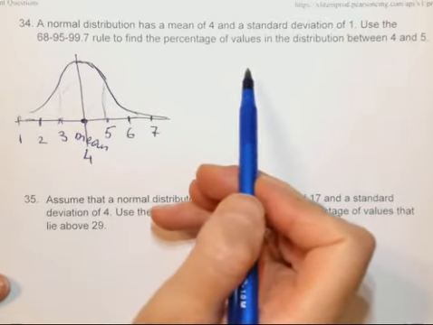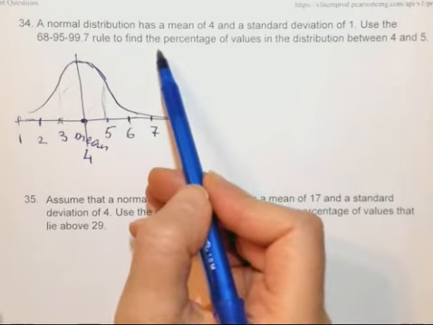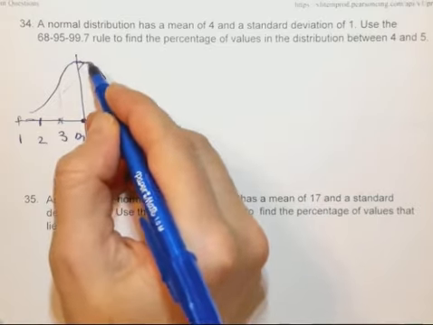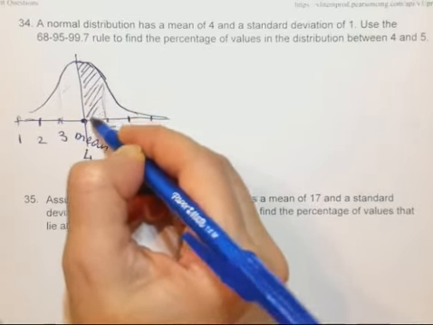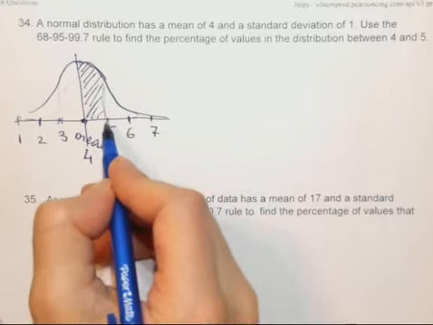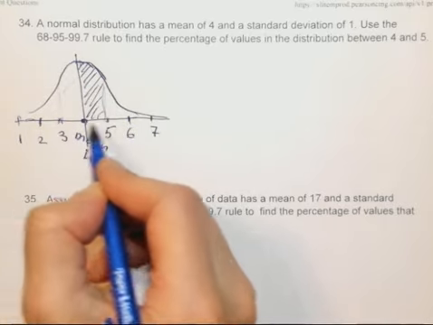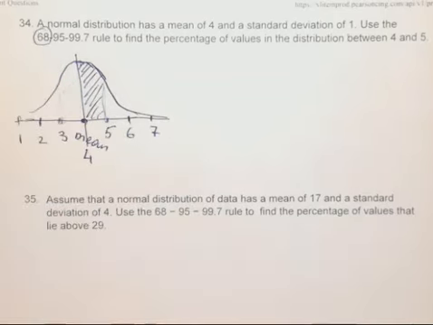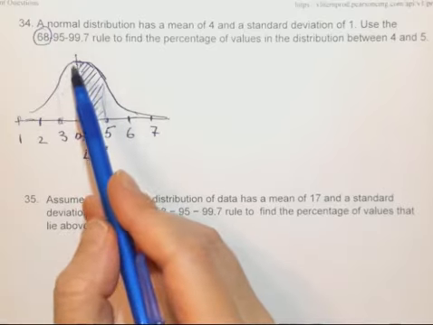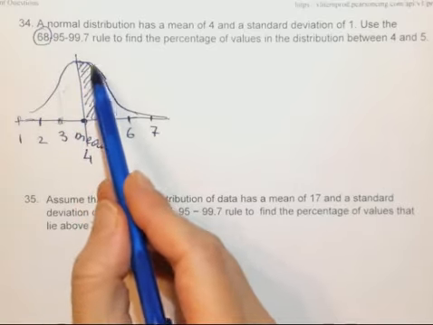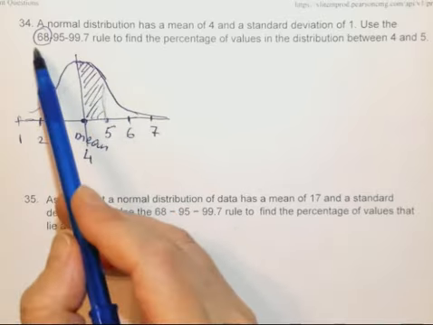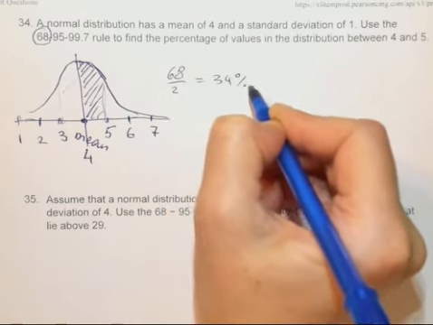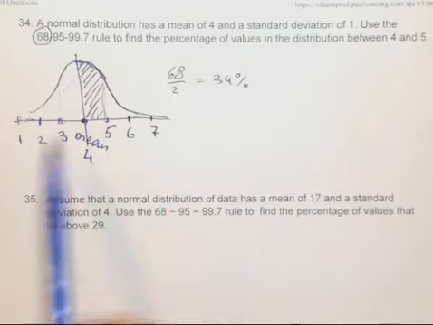So the percentage we are interested in is the percentage of values between 4 and 5. Between 3 and 5, we have 68% of data values. The normal distribution is symmetric, so here will be half of them, 68 over 2, 34% of data values will be between 4 and 5.